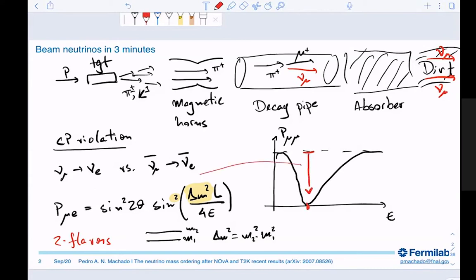So let me put an arrow. And this minimum here is related to the delta m square. Okay, you know the baseline, the L, this guy here. You determine the neutrino energy somehow. Let's not worry about how right now. And this gives you the mass splitting. So this is how you do neutrino physics in a nutshell with beam neutrinos.